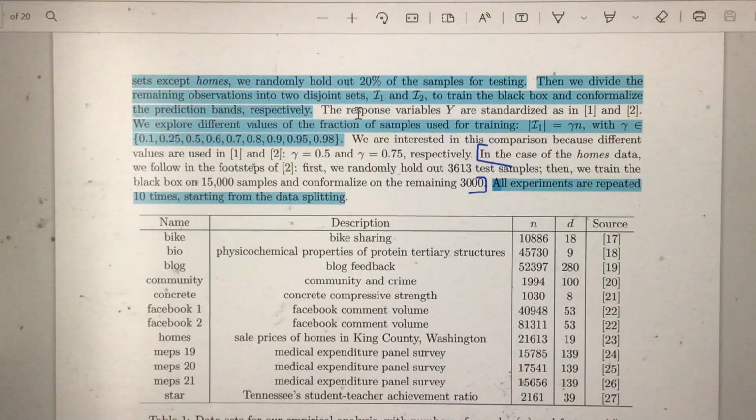They randomly hold out 20% of the samples for testing, and divide the remaining observations into two disjoint sets. They explore different values for the fraction of samples used for training and calibration. This is for the pruning parameter, and they compare which gamma is best.